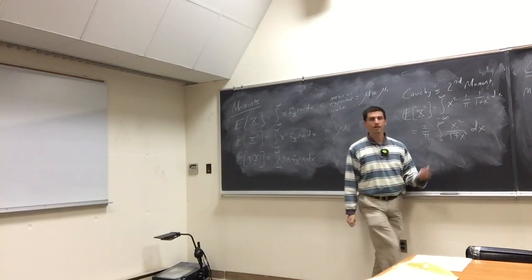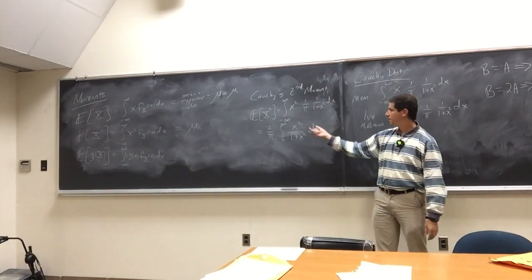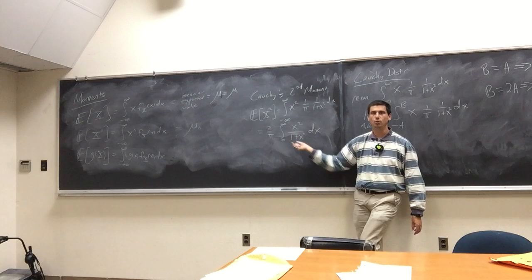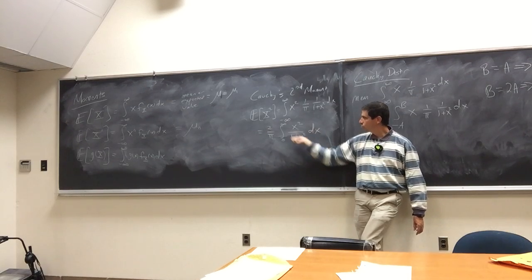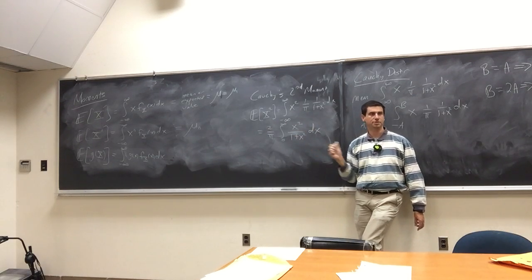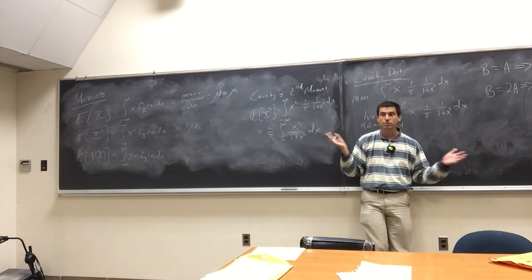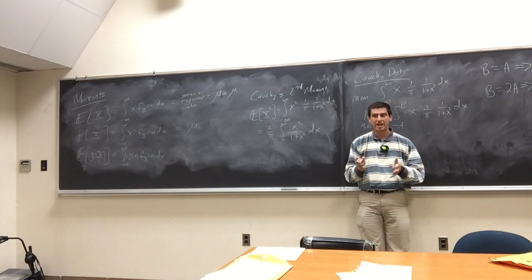Well, as x gets very large, what can you say about x squared over 1 plus x squared? What does this look like? So what would this look like for large x? It looks like 1. If the integral is going to converge, then the integrand has to be going to 0 at infinity.